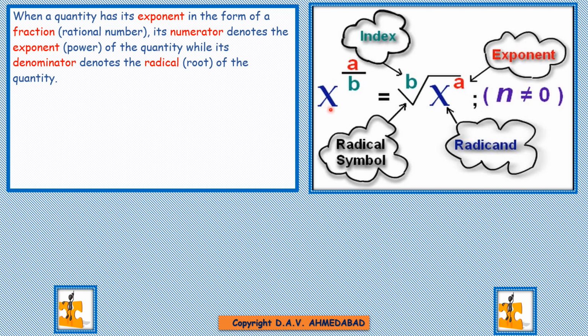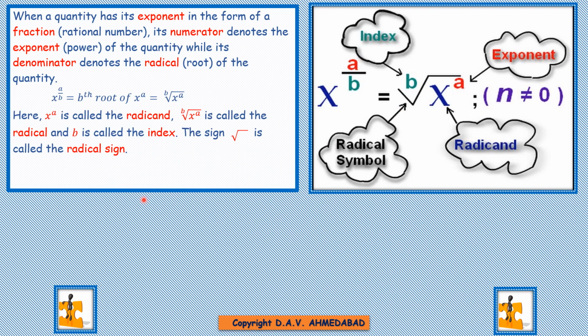So this is the base and we have the exponent in the form of fraction a by b, right? Then we will write it as bth root of x raised to the power a. So this a has become the exponent and this b has become the radical, right?